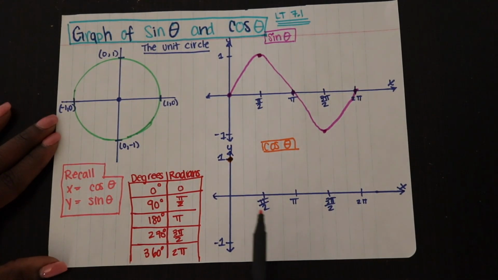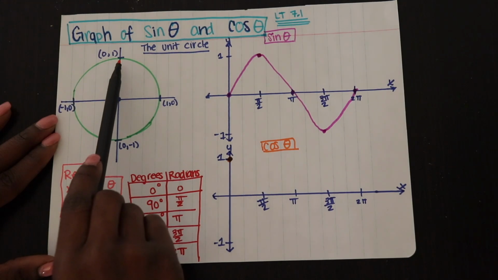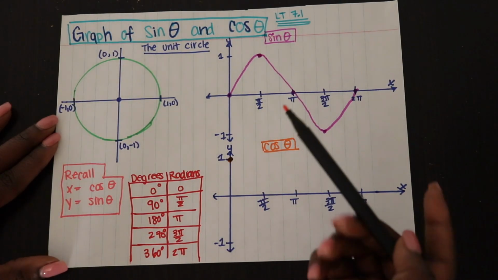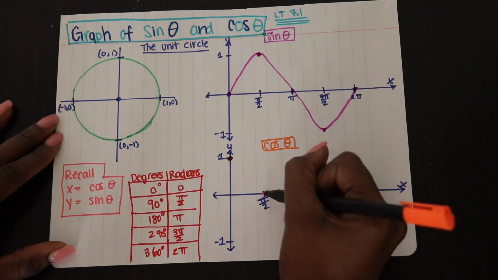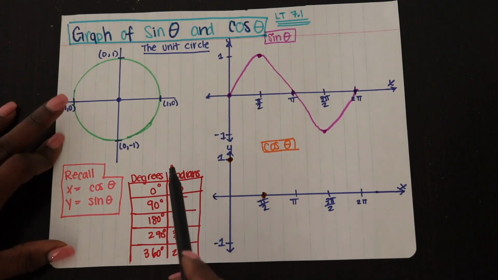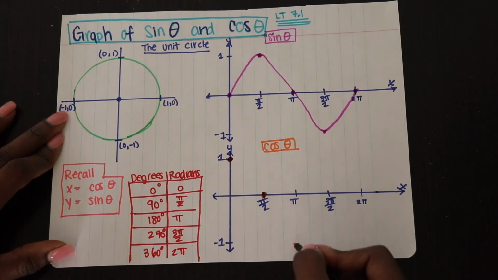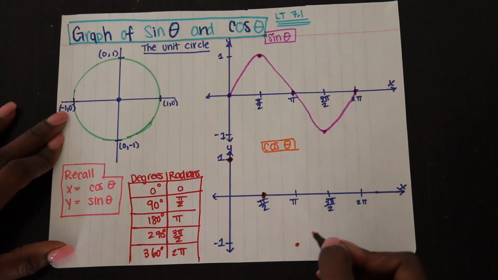And then when we're at pi over 2, which is 90 degrees, our x value is going to be 0. So here our graph hits 0. For pi, which is 180, our x value is negative 1, so it drops down to negative 1.